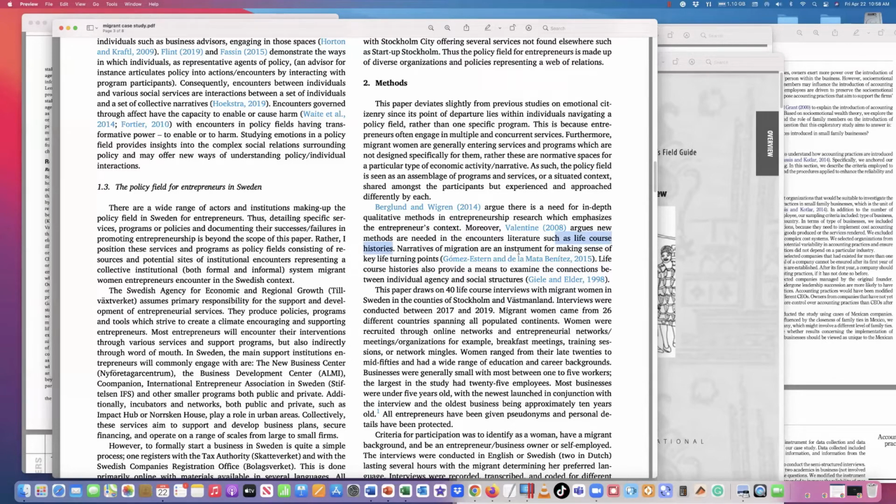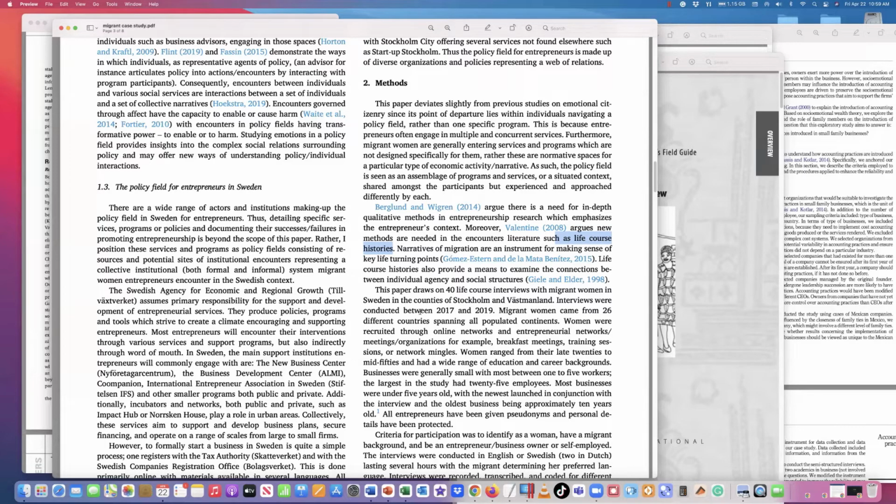Okay, so life course histories, that's interesting. Narratives of migration are an instrument for making sense of key life turning points. Life course histories also provide a means to examine connections between individual agency and social structures. And this paper draws on 40 life course interviews with migrant women in Sweden.